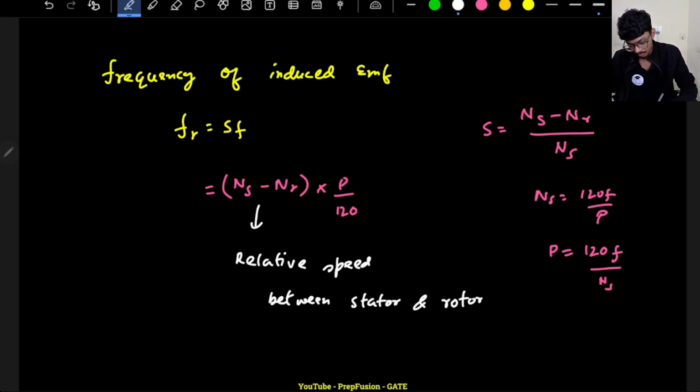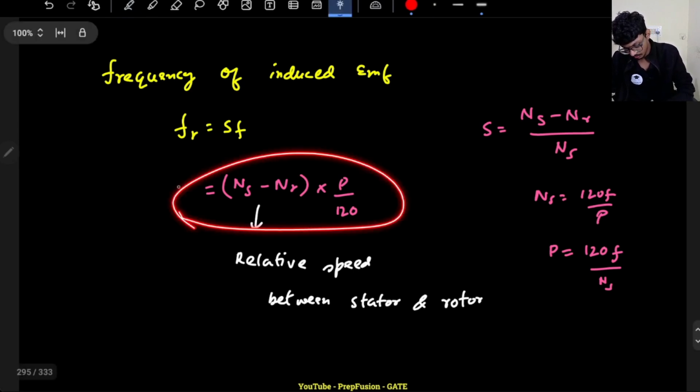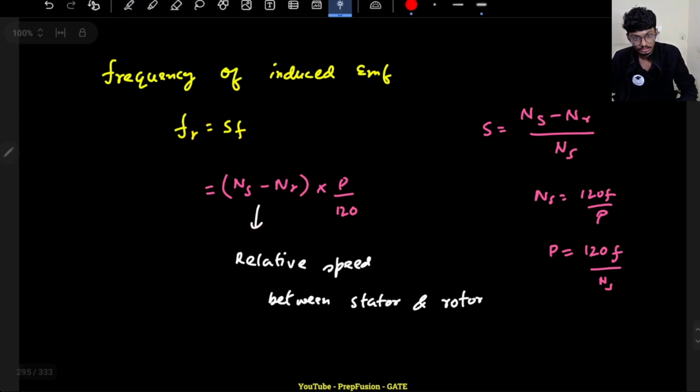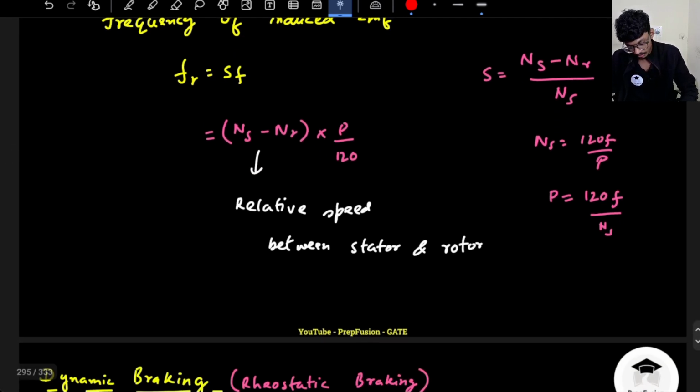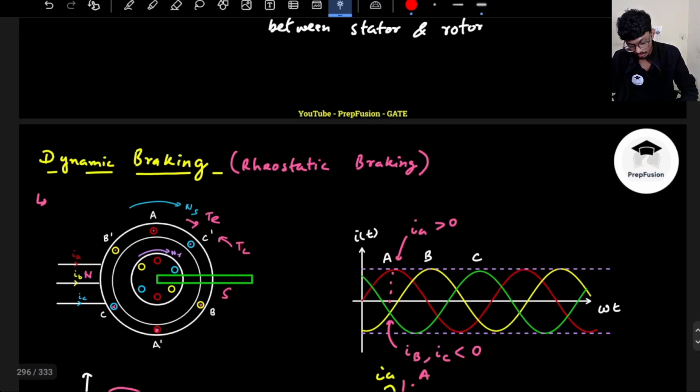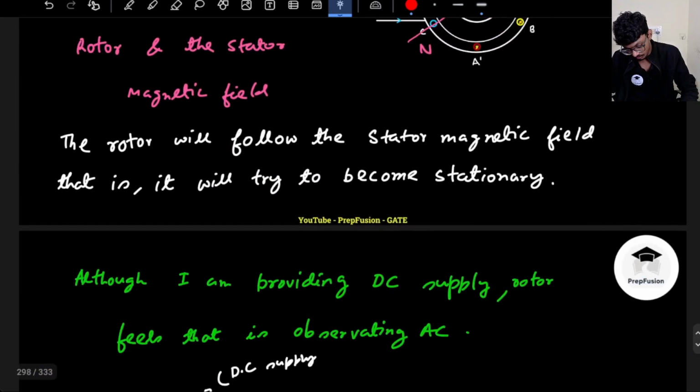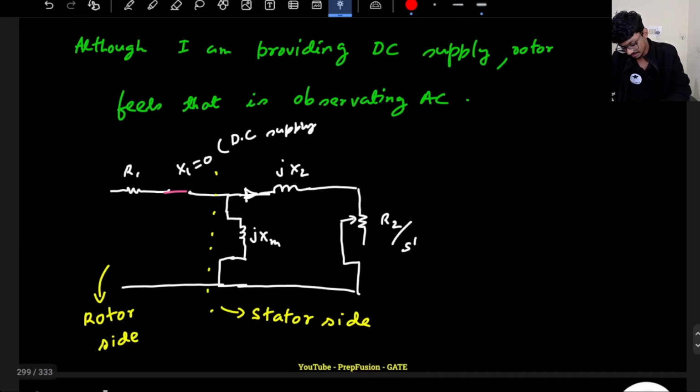Now I want to equate this equation with this equation. From there I will be able to understand what S prime is basically. S prime will be different because the stator magnetic field is not rotating, so this load will feel different.